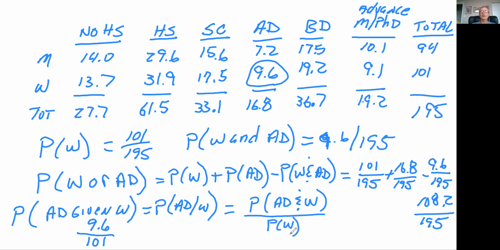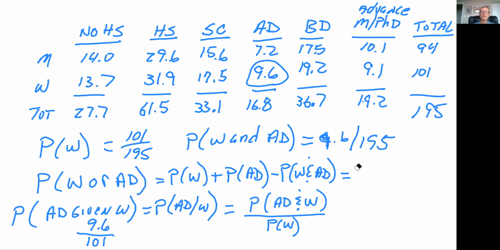And so when we do this calculation, the and was 9.6 over 195. And the probability of woman is 101 divided by 195. And you can see the big sample space cancels and you end up with exactly the same.